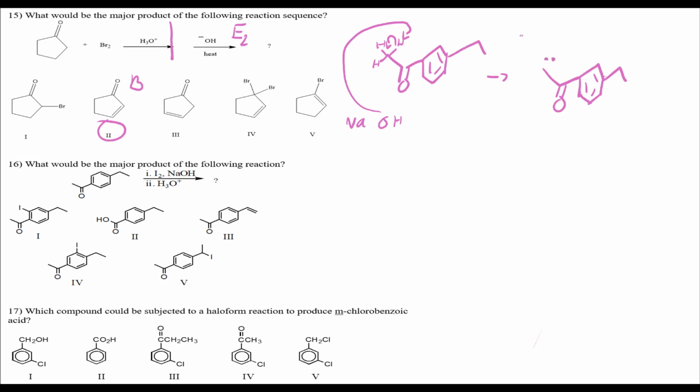Our iodines can actually separate. So that's negative, and this is positive, and they can be attacked by these electrons. Alright, so that was step 1.